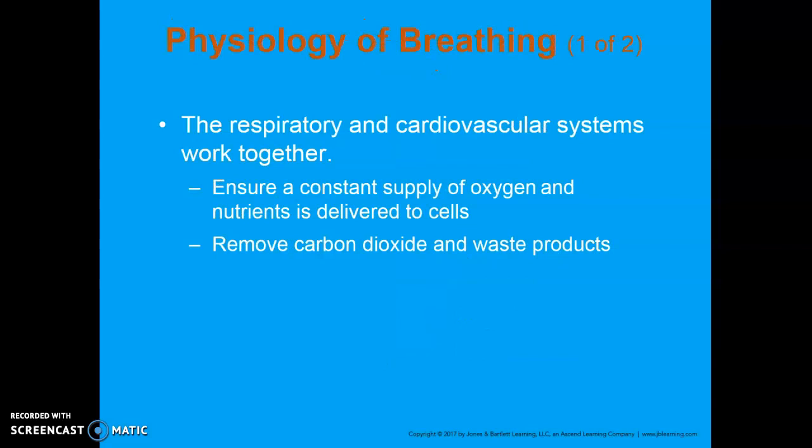The point of the respiratory and cardiovascular systems working together is to remove carbon dioxide and other waste products from the cell, and then to deliver oxygen and nutrients back into those cells.